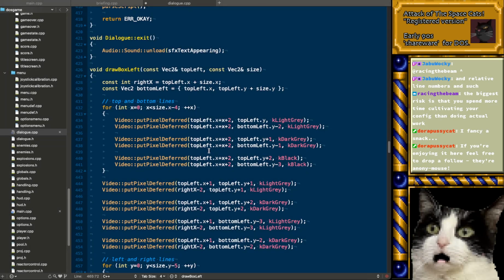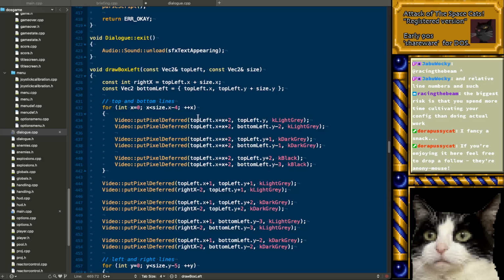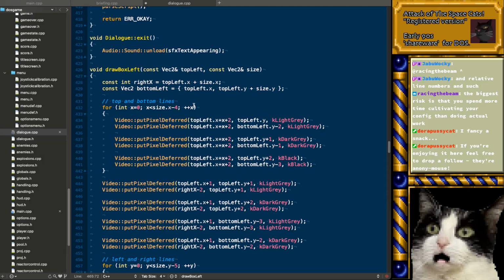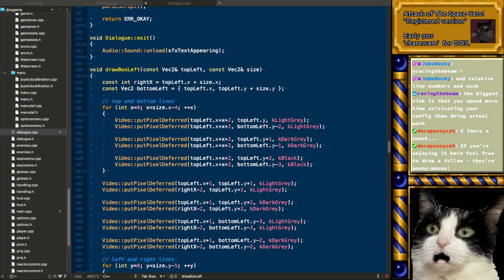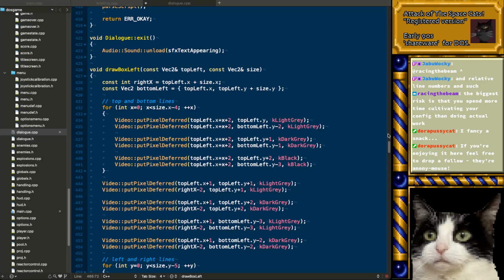Right, back again. Oh yes, we were drawing the left-hand edge of a box with very small top and bottom lines. Yeah, those are fine. Where's my image gone? It's there. Okay, that's what we're drawing. I see.